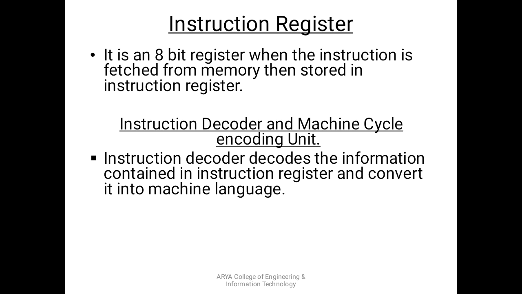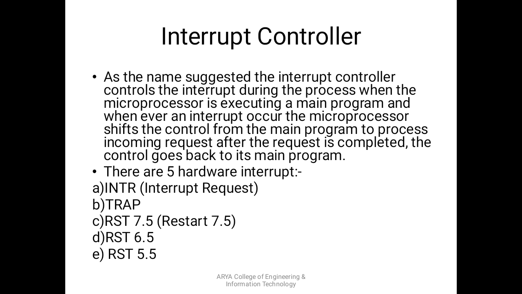Interrupt controller. As the name suggests, the interrupt controller controls the interrupts while the microprocessor is executing the main program. Whenever an interrupt occurs, the microprocessor shifts control from the main program to the incoming request, and returns after the request is completed.